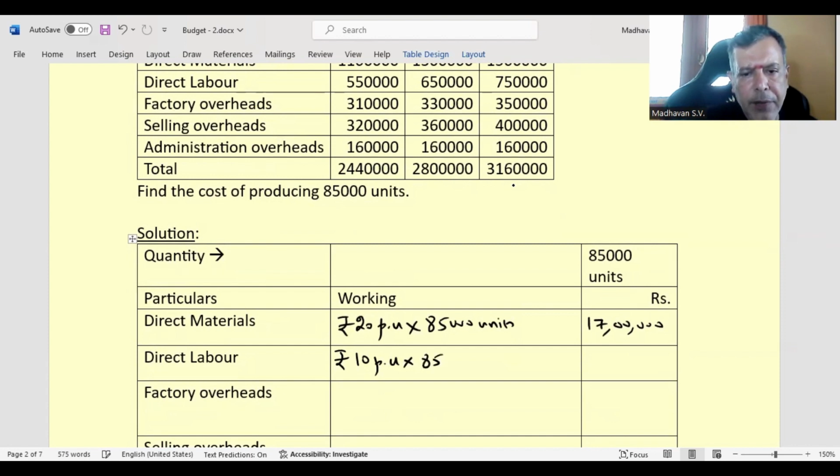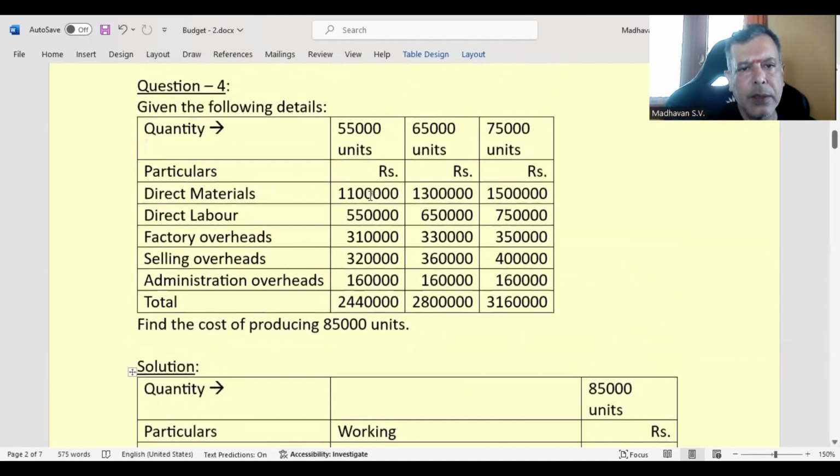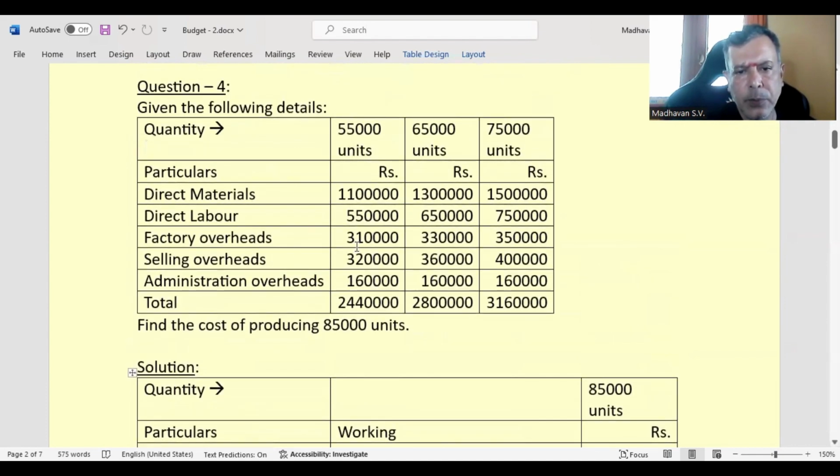Multiplied by 85,000 units, we get 8 lakh 50,000. Factory overheads: here for 55,000, it is 3 lakh 10,000. For 65,000, it is 3 lakh 30,000. For 75,000, it is 3 lakh 50,000.